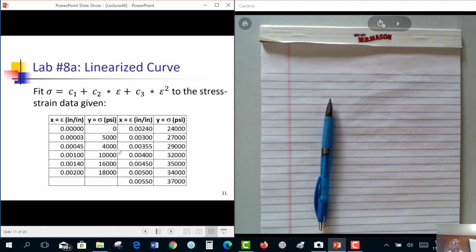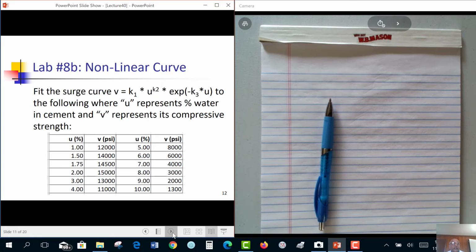Then we did curve fitting, linear curve fitting, nonlinear curve fitting. And of course, I am sure you know that you can use these techniques in your projects, in your other labs, and I hope you do.